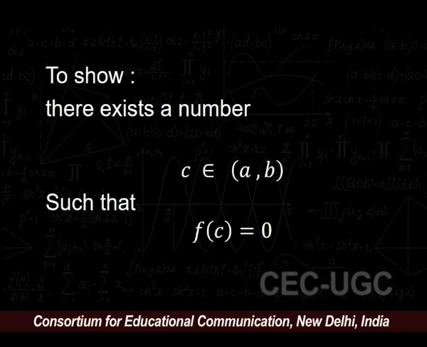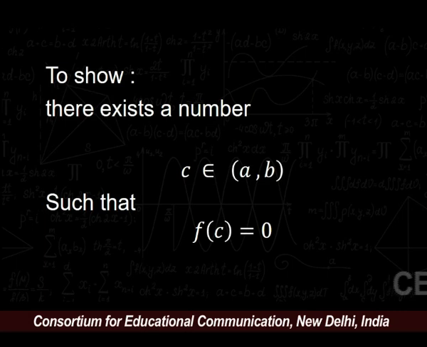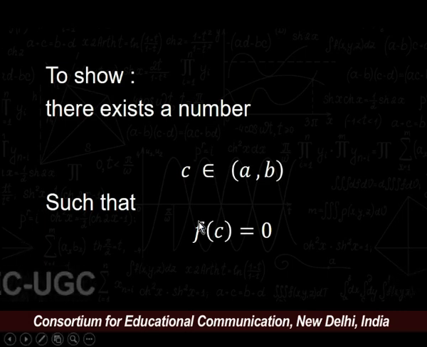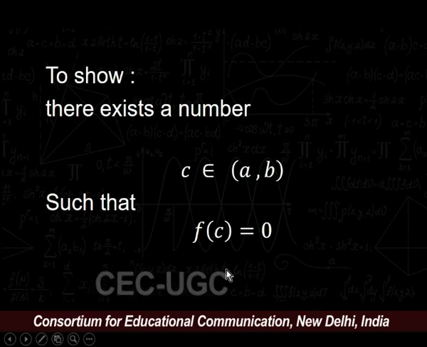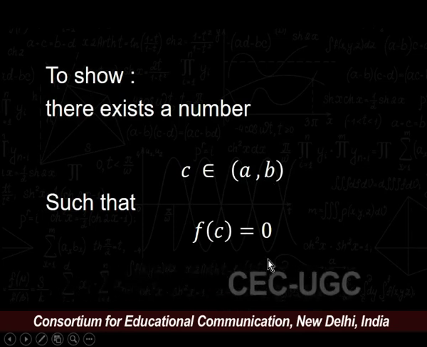So we need to prove that there must exist some point c in the open interval (a, b) such that f(c) equals 0.